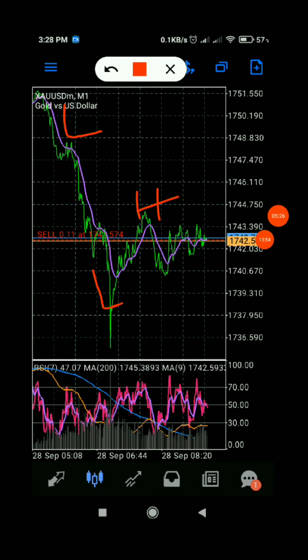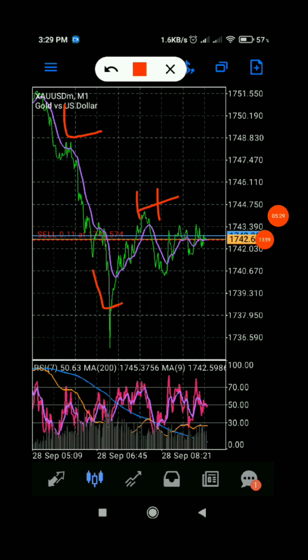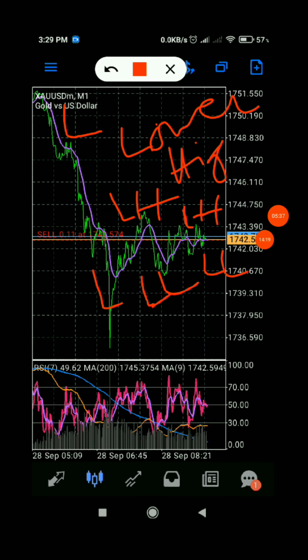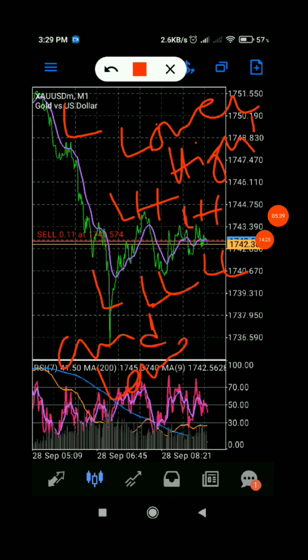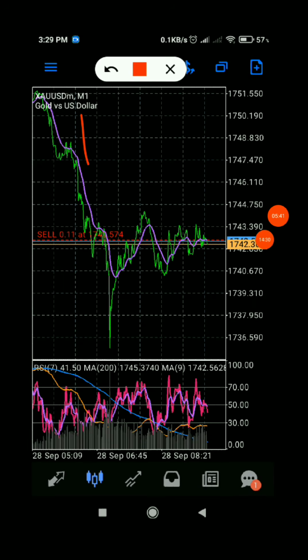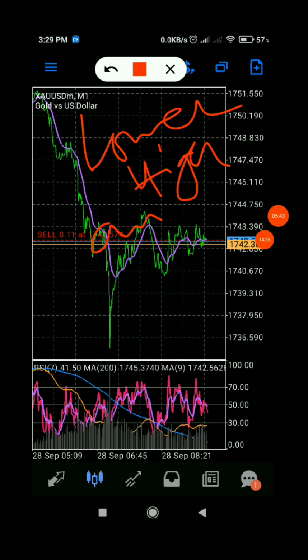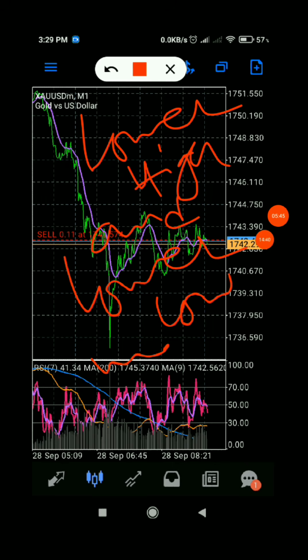It's coming low and then high, then low, then high, then low. So it's making lower low, lower high, lower low, and lower high. And that is the rule of a downtrend.